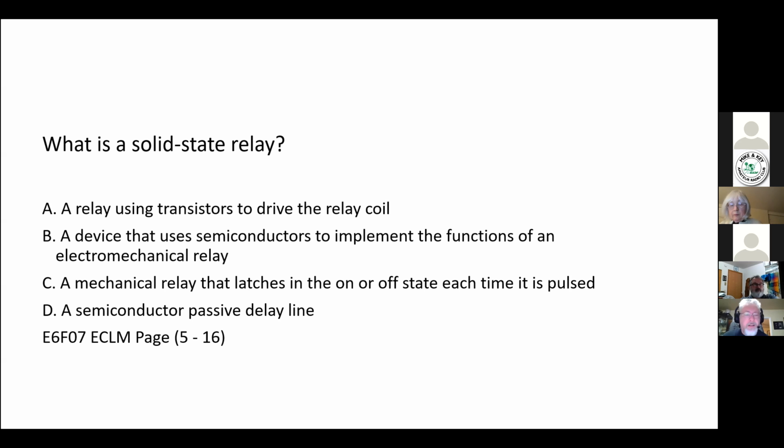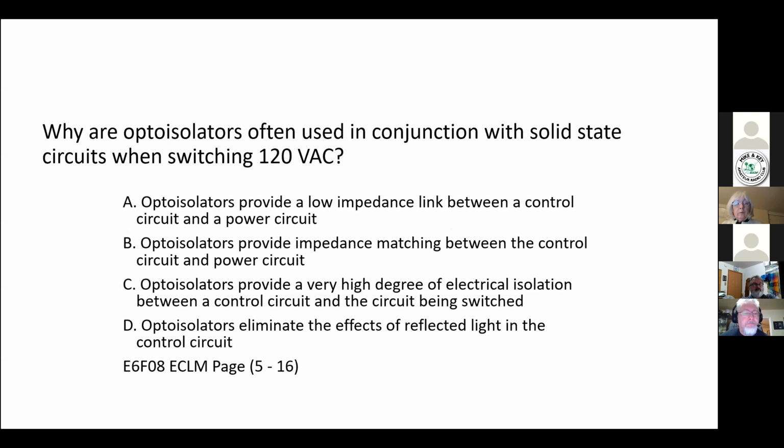Bravo is the correct answer. Why are optoisolators often used in conjunction with solid-state circuits when switching 120 volts AC? A. Optoisolators provide a low impedance link between a control circuit and a power circuit.